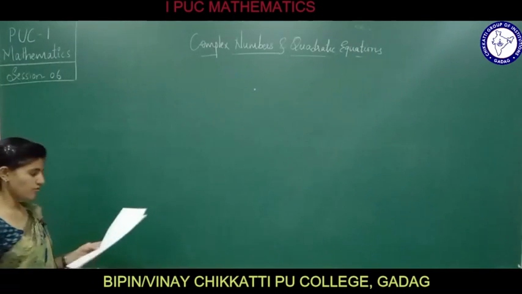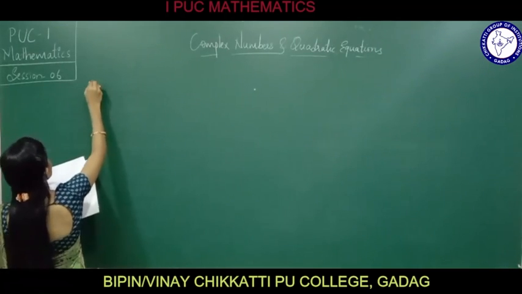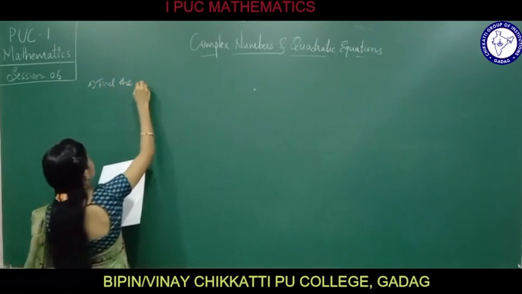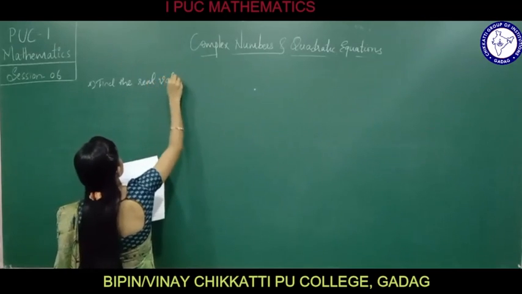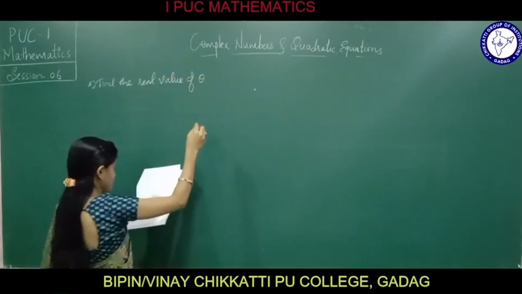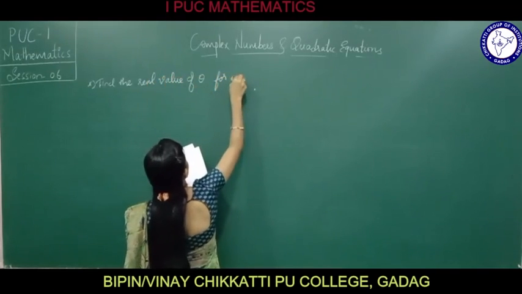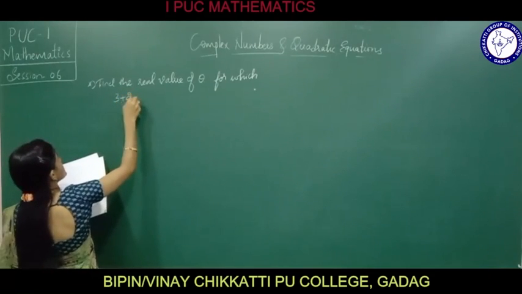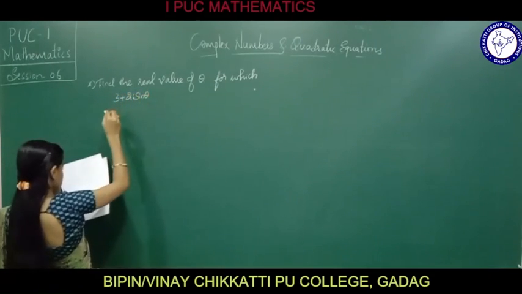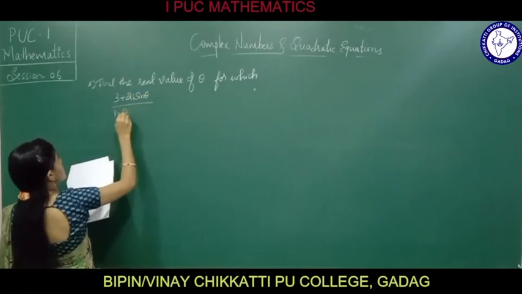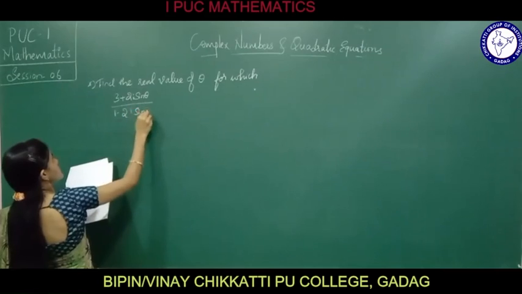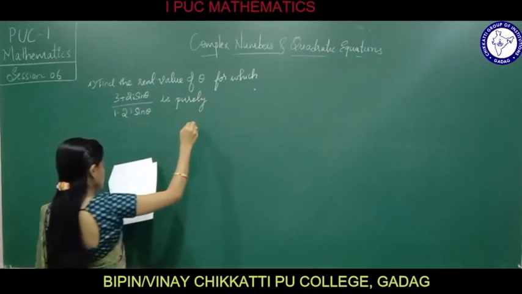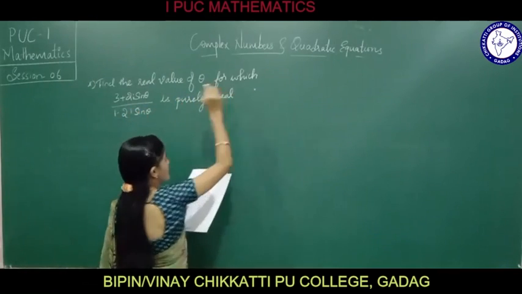Find the real value of theta. What have they given? Find the real value of theta for which (3 + 2i sin θ) divided by (1 − 2i sin θ) is purely real.